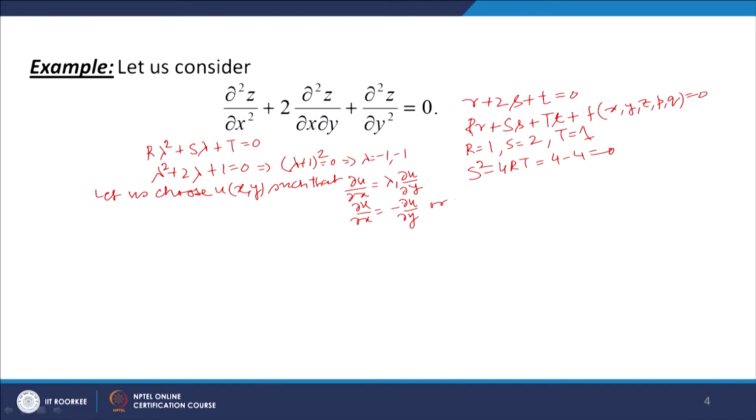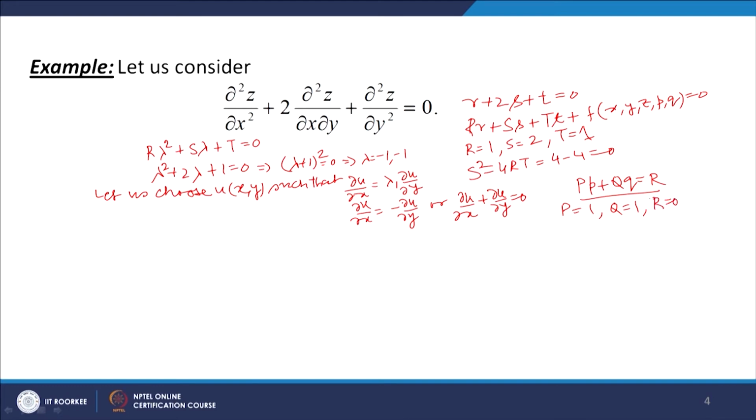Or I can say the partial derivative of u with respect to x plus the partial derivative of u with respect to y equal to 0. Now this is a Lagrange equation of the form P p plus Q q is equal to R. So here p is the partial derivative of u with respect to x, q is the partial derivative of u with respect to y, P is equal to 1, Q is equal to 1 and R equal to 0.